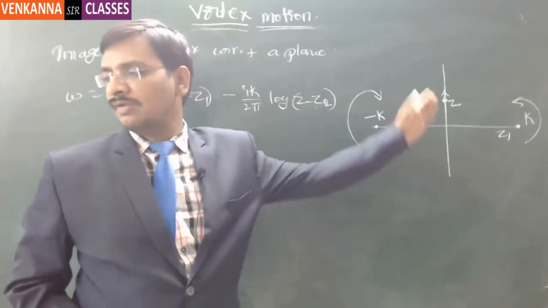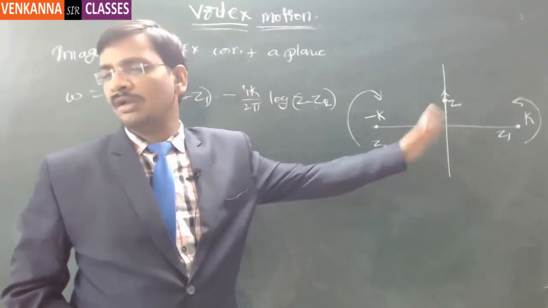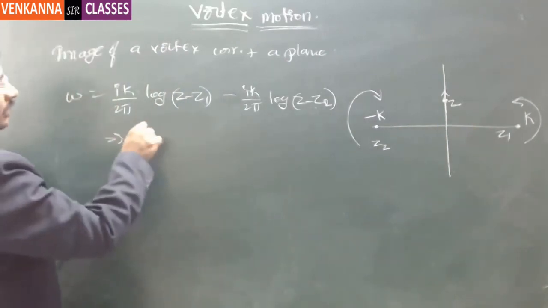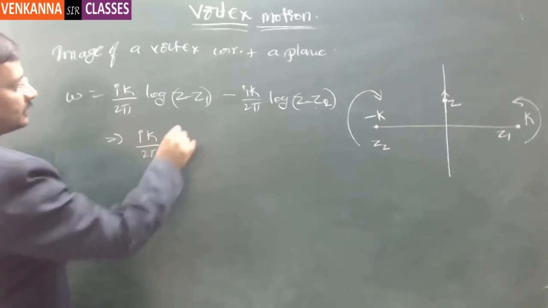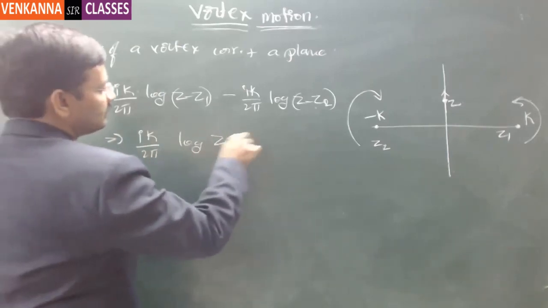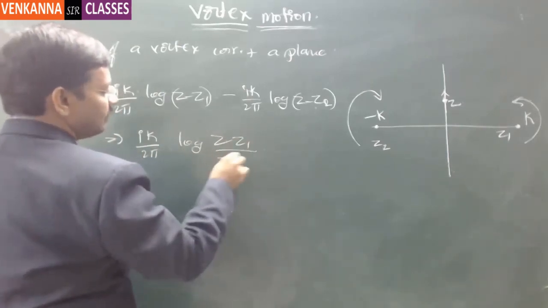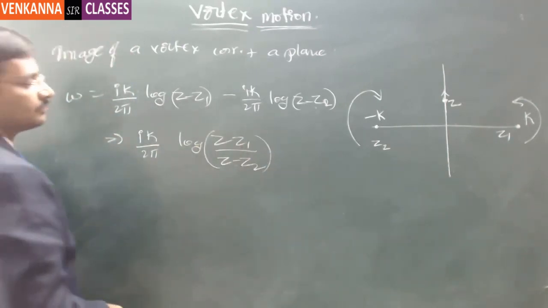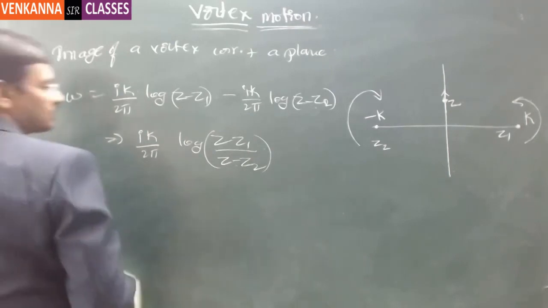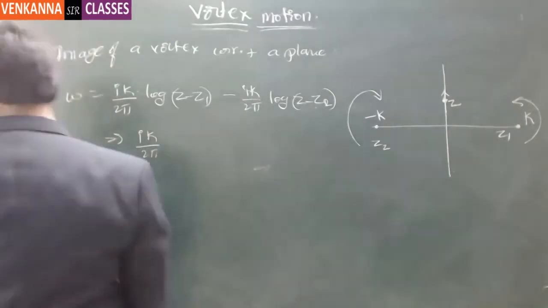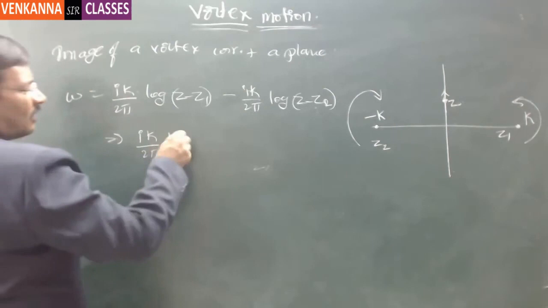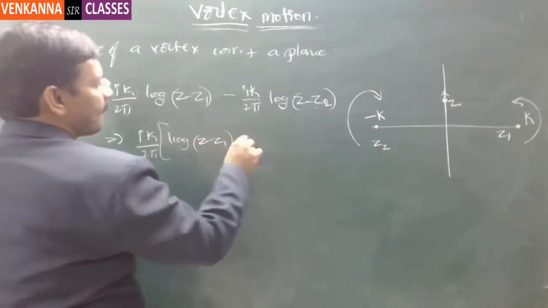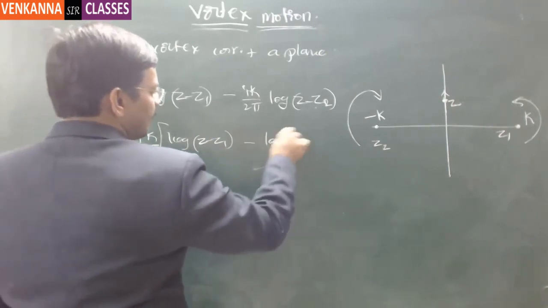Now let us see whether the flow on the boundary is tangential or not. Now this is ik by 2 pi, if you take it out, this is log of z minus z1 divided by z minus z2. Now we will take one more step: log of z minus z1 minus log of z minus z2.